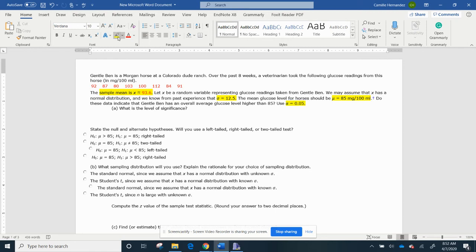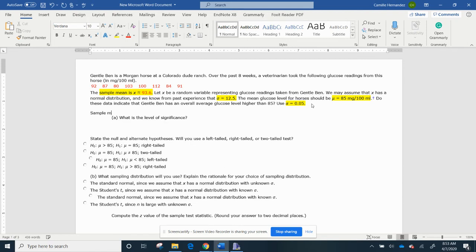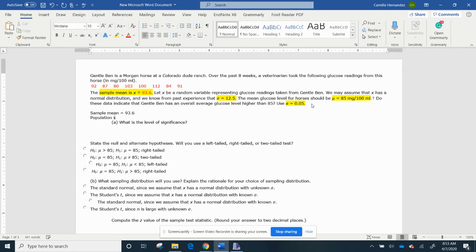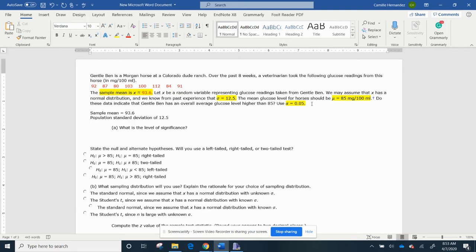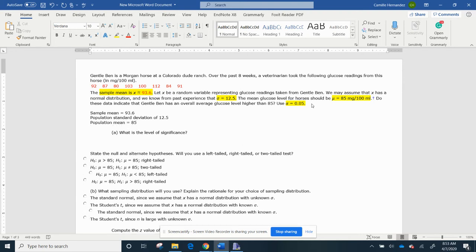All right, so to make my life easier, I'm going to make a list of everything I have. I have a sample mean, which is 93.6. I have a population standard deviation of 12.5. Then I have a population mean of 85, and I have a level of significance that equals 0.05.